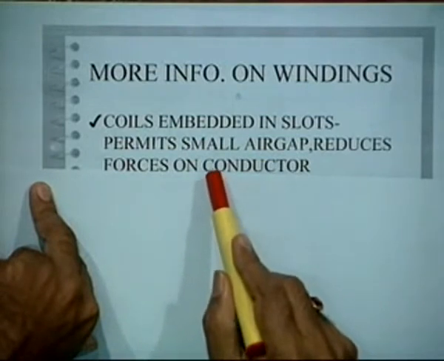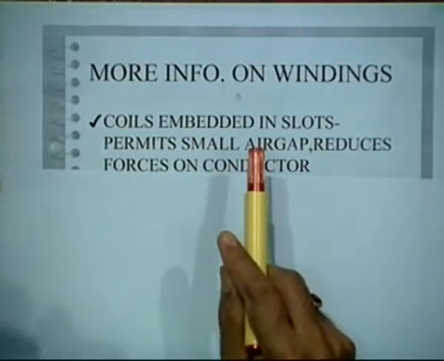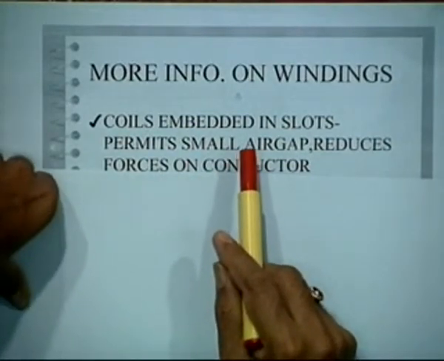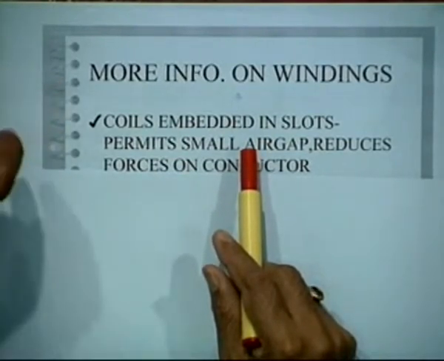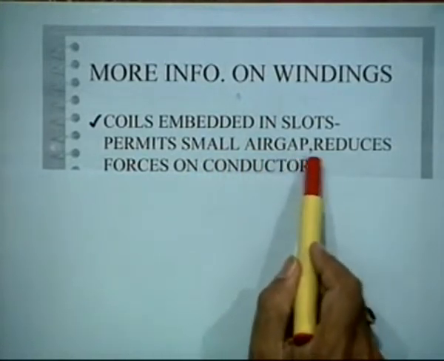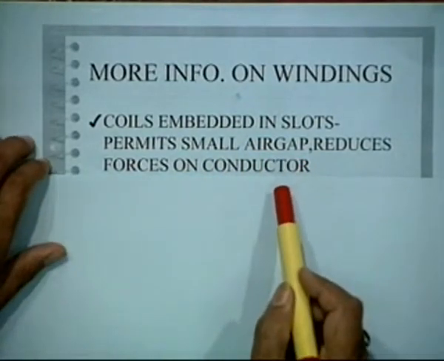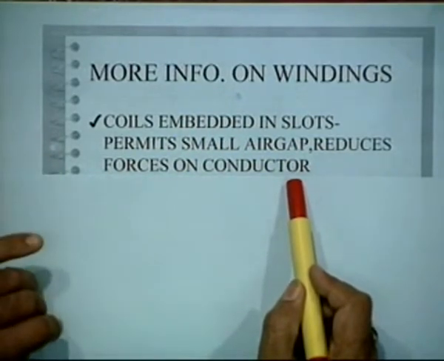Because if you paste the coils on the rotor surface, that is also possible, then it will increase the air gap size. Therefore, putting them inside the slots will reduce the air gap size, and to that extent it reduces the magnetizing requirements. Then it also reduces forces on the conductors. These are two aspects of why you put them in the slots.